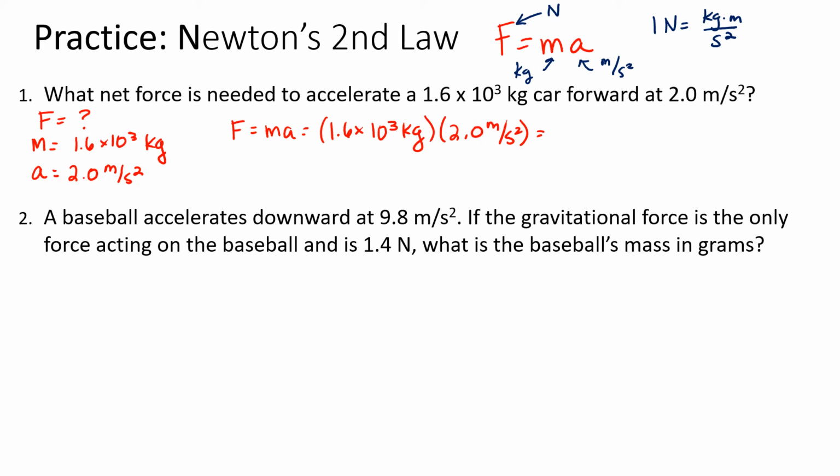So this should equal 3.2 times 10 to the third. And when we combine our units, this gives me kilograms times meters per second squared. Or we can just as easily write this as 3.2 times 10 to the third newtons. So either one of these answers would be acceptable. Of course, if you take a multiple choice test, just make sure you pick the one with the appropriate units.